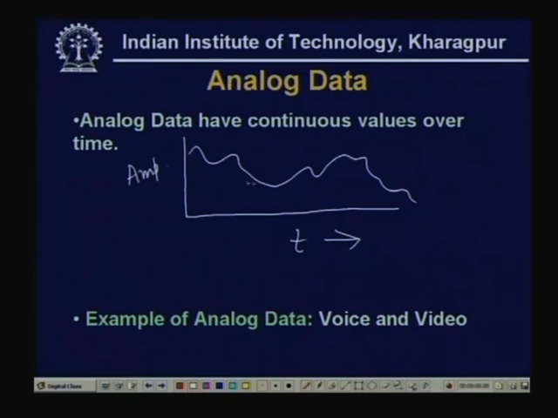You can see within this duration, say time 0 to time t, a large number of values or infinite number of values have been sent. So, the signal levels can vary within some range, say up to a max, any value within that range, then we call it analog data. So, this is the example of analog data.